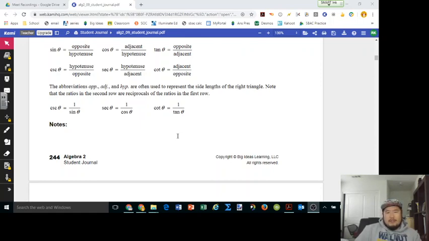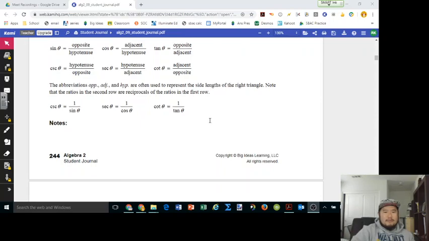They're showing you once again the reciprocals, another way for you to write down your different ratios in terms of sine, cosine, and tangent instead of putting opposite over hypotenuse or anything like that. Those will be a little bit more handy as we go later on in the chapter. But there's a little introduction for you right here. So you could also memorize these as well.